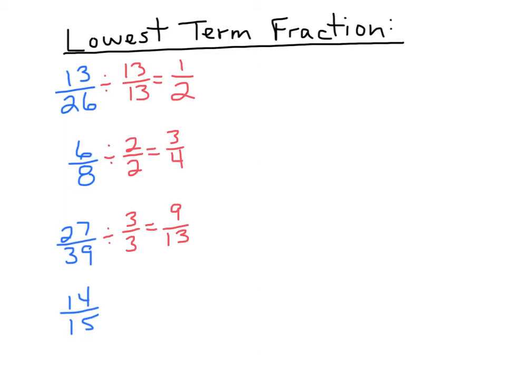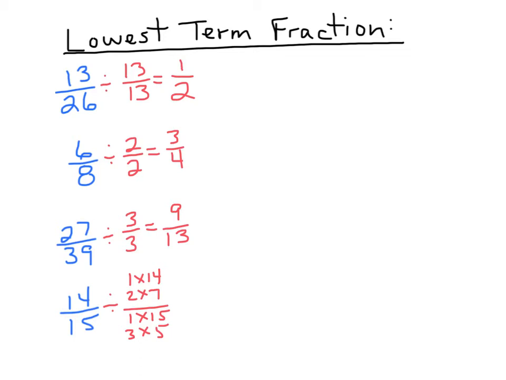How about 14/15? Is there something that I can divide both 14 and 15 by at the same time? Well, there isn't. The only factors of 14 are 1 times 14 and 2 times 7. And the only factors of 15 are 1 times 15 and 3 times 5.